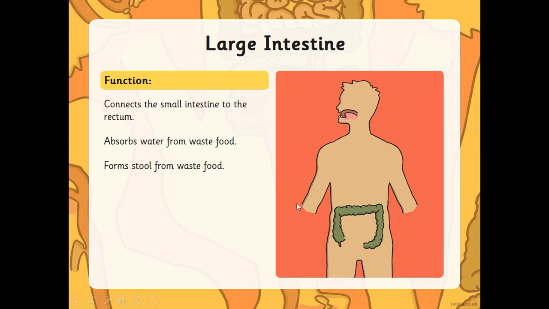So that is connected from the small into the large, and that actually connects to your rectum, which is your bottom, okay, where you poo. And this absorbs any water from the waste food and forms stool from waste food, stool, also known as poo.